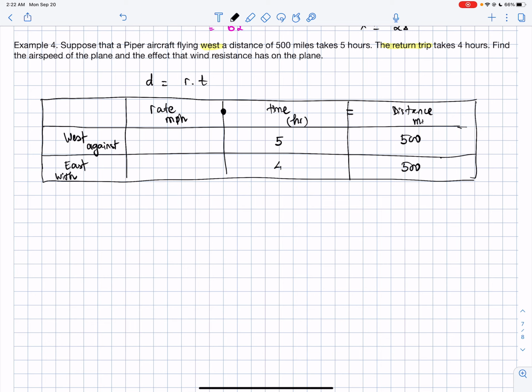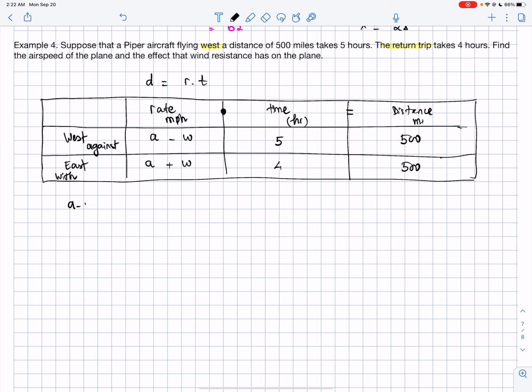When the wind goes with the airplane, the airplane and wind rates combine. I call the airplane's rate A, and the wind's W. When we have the opposite, we have A minus W. Now we use the formula.